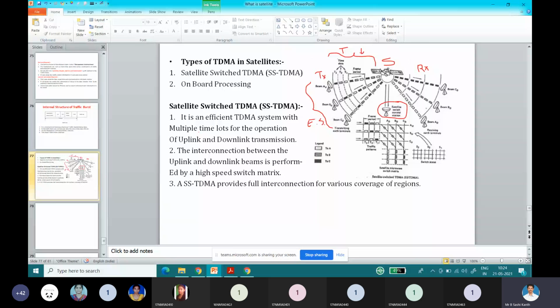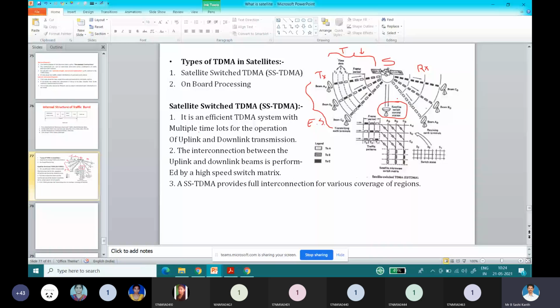This earth station helps with the switching operation of the satellite, deciding which earth station it has to connect to. It makes the satellite switch to one of the stations it wants to connect to, and it will connect with that particular earth station.